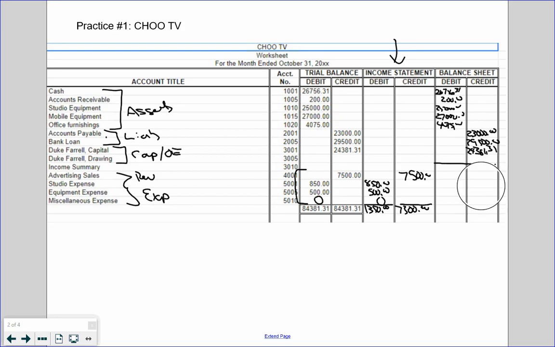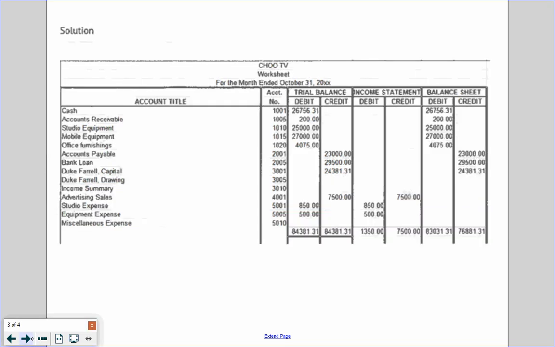And then again, down at the very bottom, oops, not with yellow highlighter, you're going to put those totals, whatever those are. So what it ends up looking like is this.